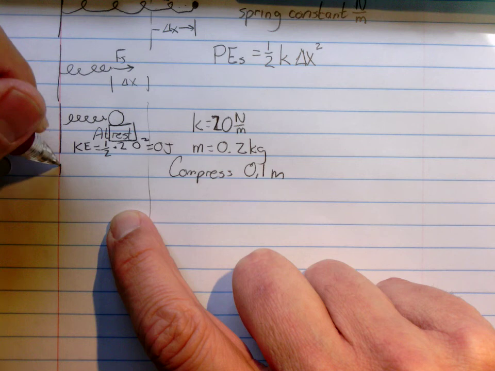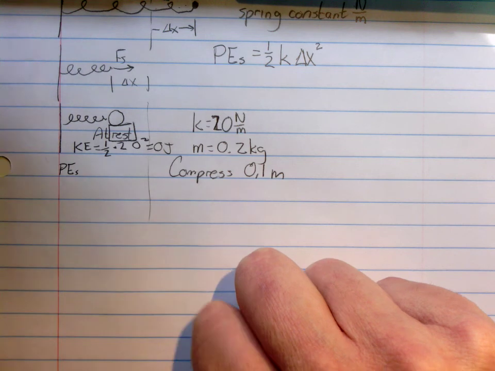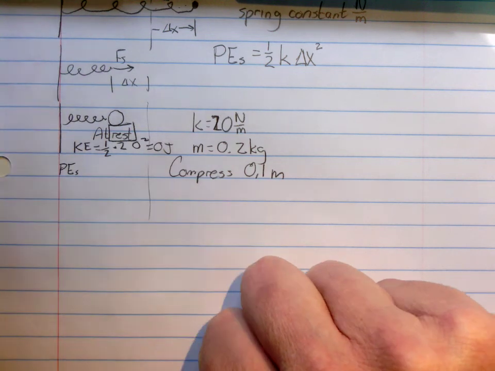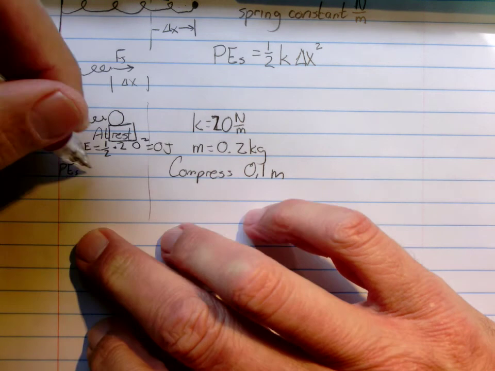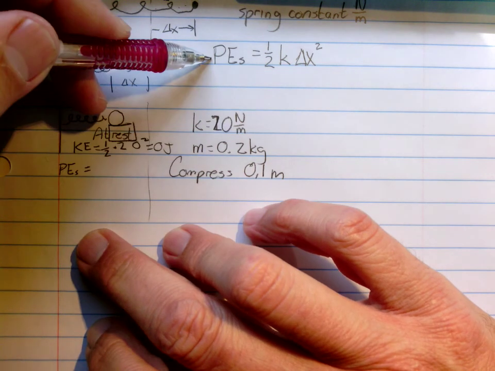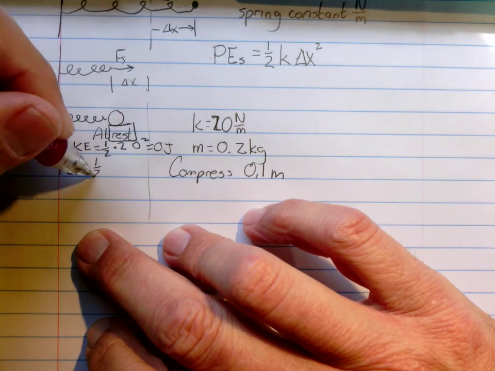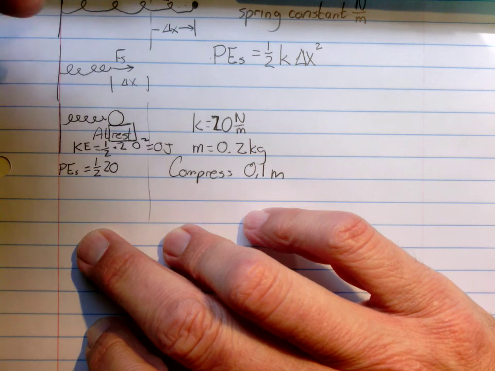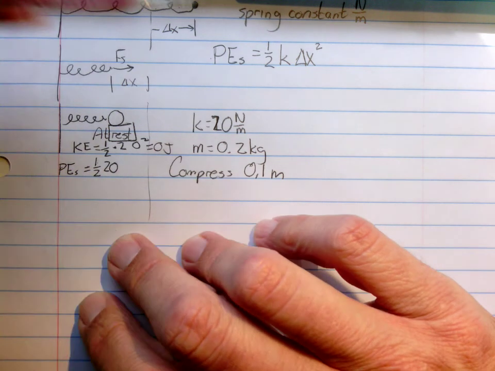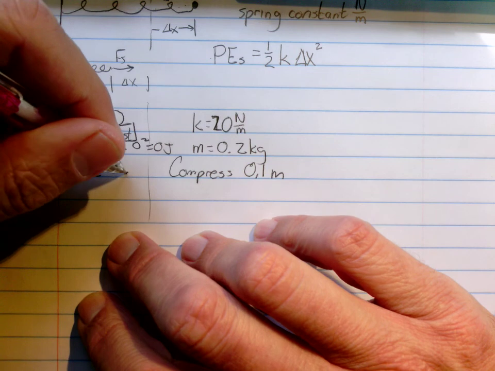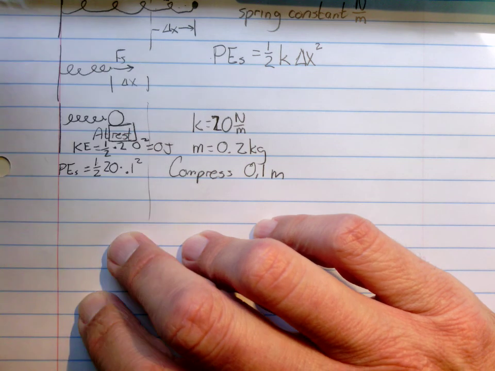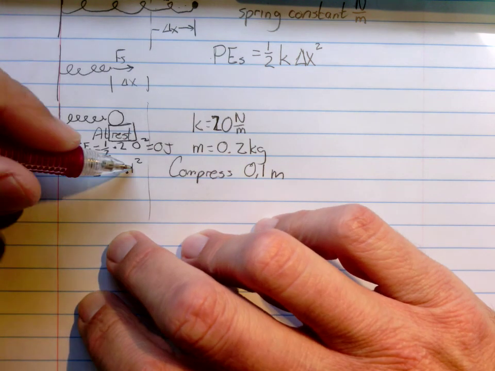The potential energy, spring potential energy, and I'm not going to have this going up and down right here, that gets a little complicated, is going to be 1/2 times k times x, or delta x squared. And you'll see that written a couple different ways. Okay, that's 10 times 0.01.